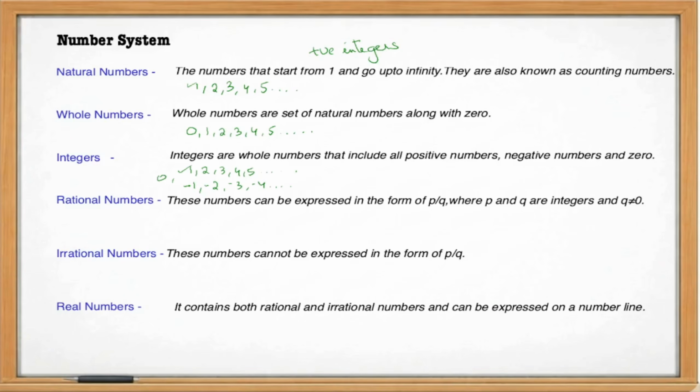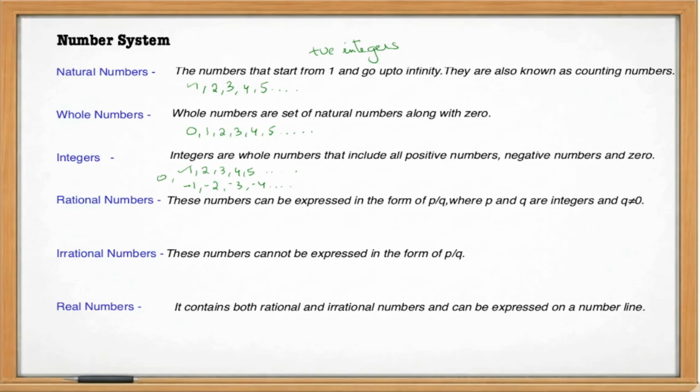Next is rational numbers, which is very important in this chapter. We have many exercises to do with rational numbers. So let us see what rational numbers are. These numbers can be expressed in the form of p by q, where p and q are integers and q is not equal to 0. That means by this definition itself, we must have understood that these numbers are expressed as fractions.